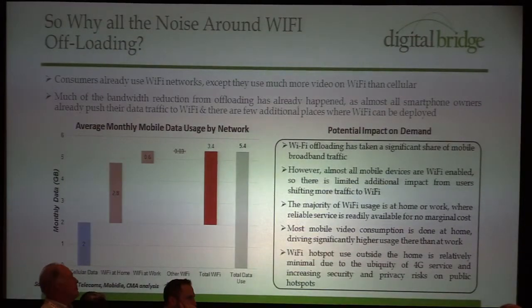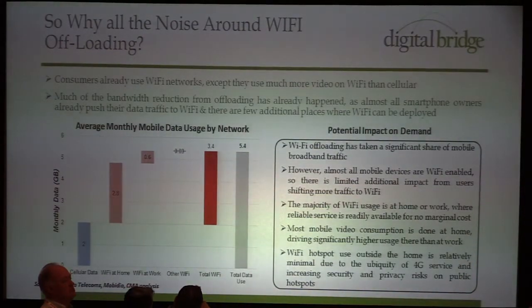So here's your consumer experience, right? This is every consumer. This is an average per subscriber across all 4 major networks. Here's your usage pattern, right? You use roughly about 5.4 gigabytes per month. Most of us in this room use a lot more than that. But you use 2 of it mobile. You use 2.8 of it Wi-Fi at home. You use 0.6 on the road.